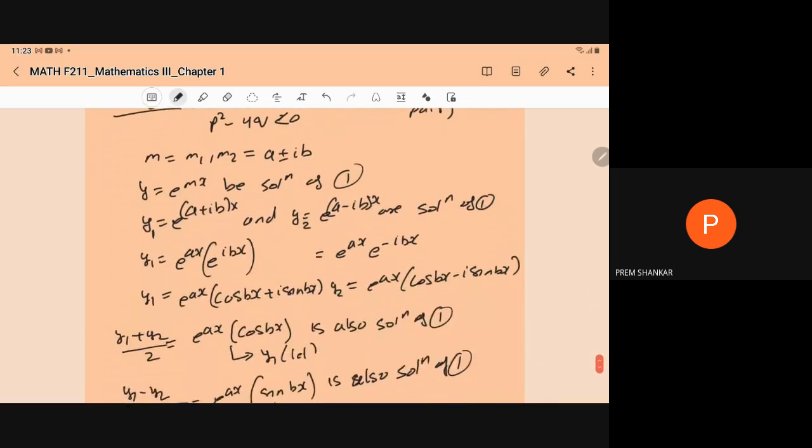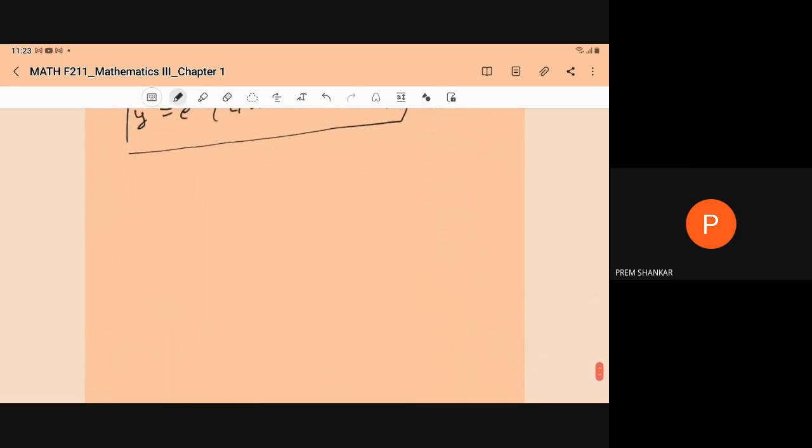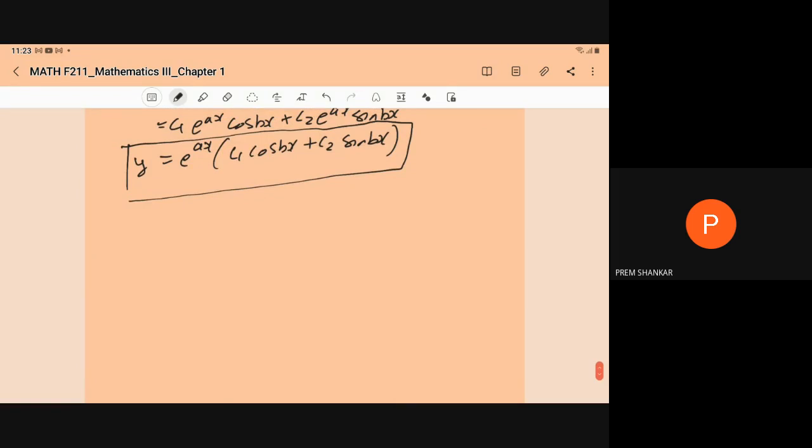At that time we take the solution as y is equal to e to power ax (c1 cos bx plus c2 sin bx).